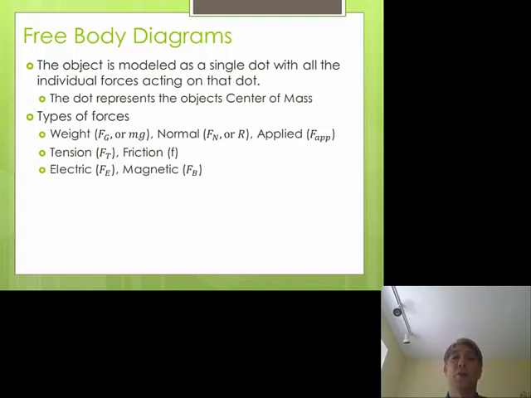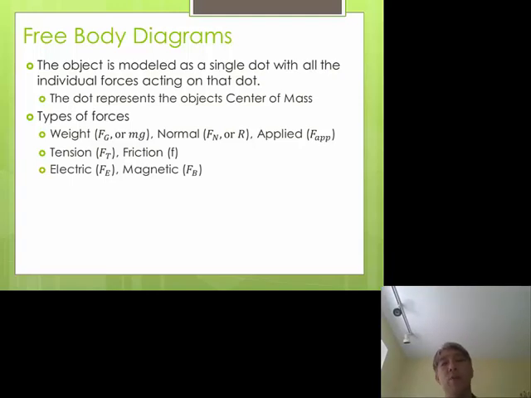In terms of the types of forces we're going to be looking at, we're going to have several forces. We're going to have the force of gravity or the weight of the object. The normal force, the F sub n for normal, or the IB likes to use the reaction force, the reaction force of the surface on the object, because the force of the object on the surface is the primary.